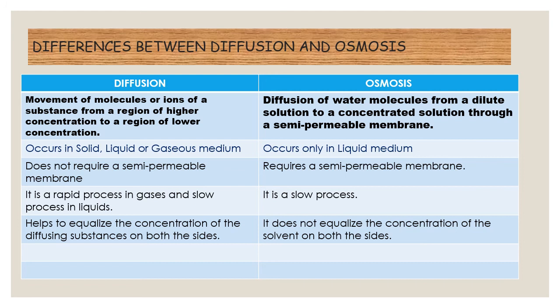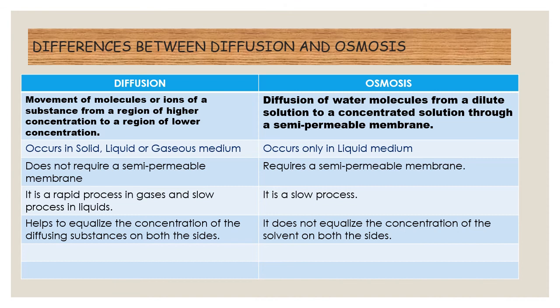These are the differences between diffusion and osmosis. The definition you can write as before. Diffusion occurs in any kind of matter, but osmosis occurs only in a liquid medium. That's the main difference. Diffusion does not need any helper or semi-permeable membrane, but osmosis requires a semi-permeable membrane.